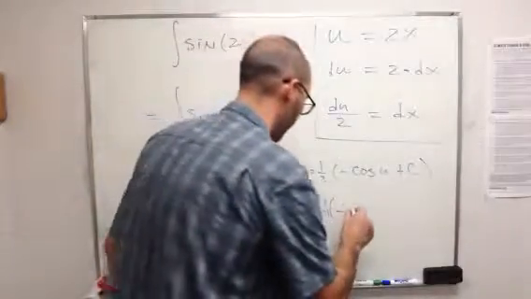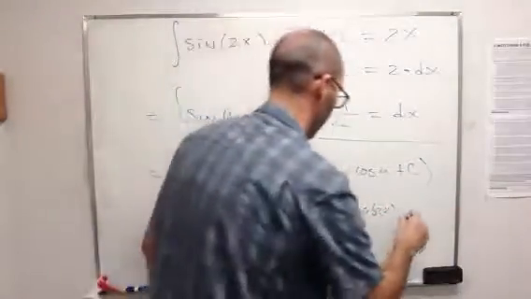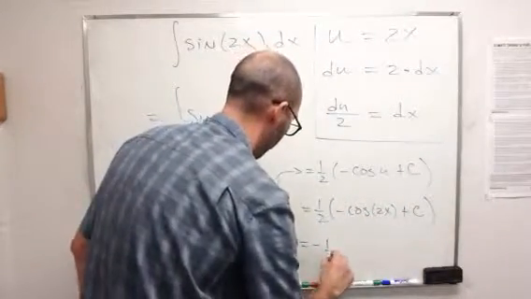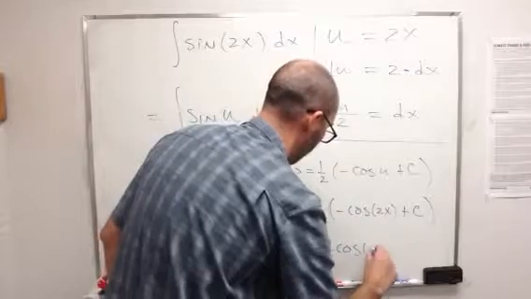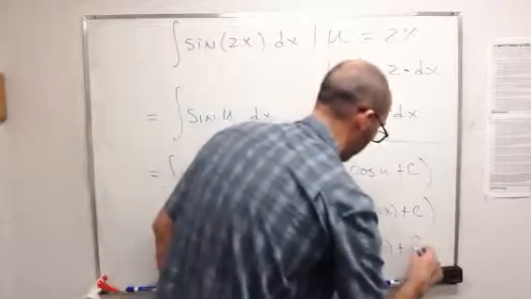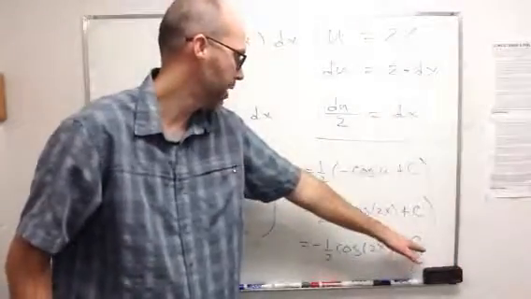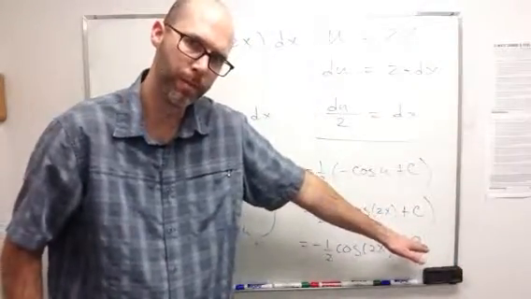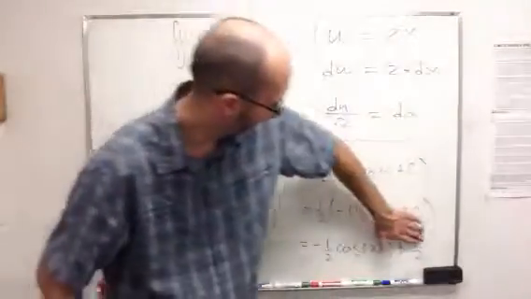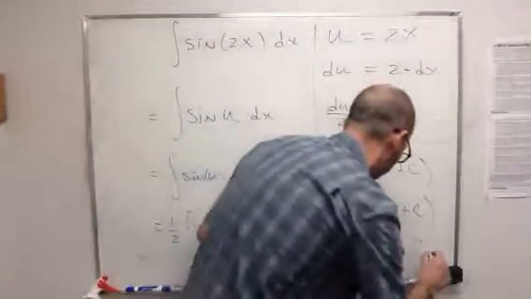So this is negative cosine 2x plus c. Distribute that 1/2. Now c just stands for any number. It's just any old number. Any old number divided by 2 is still any old number. That's why we just write c here.